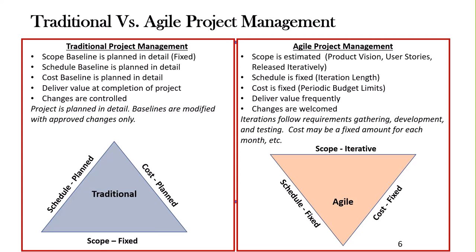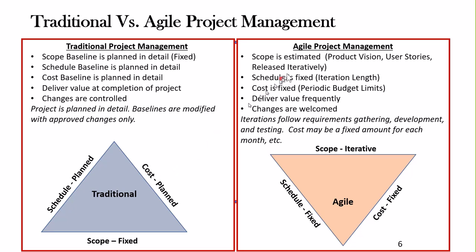When that scope is fixed, if we make a change to it, we're probably going to change the schedule, and we're probably going to change the cost. The iron triangle or triple constraint says if I make a change to one leg of this triangle, I will change at least one of the others, if not both of the other legs.